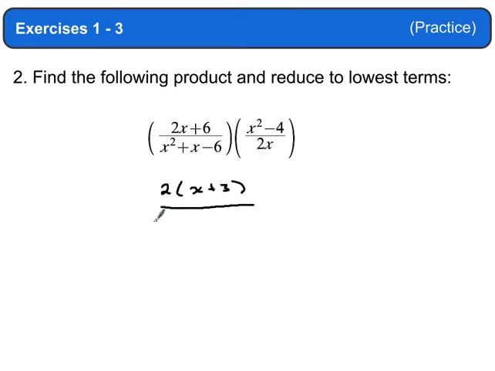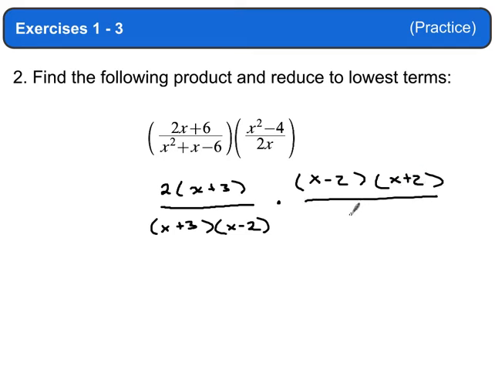The denominator, we could split the x's up and we're going to get a plus 3 and a minus 2. That is going to be multiplied by this one, which is a difference of squares: x minus 2, x plus 2, over 2 times x.